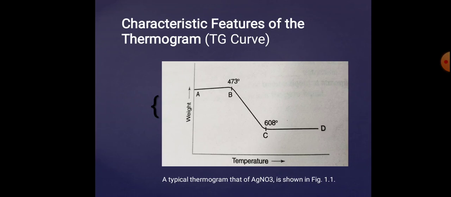After 608 degrees Celsius, again we get a line parallel to the x-axis. So CD is a parallel line, which indicates that even if you increase the temperature above 608 degrees Celsius, it does not affect the weight of that compound. So let's check what the reaction is and the reason behind the AB and BC slopes and then the CD portion.